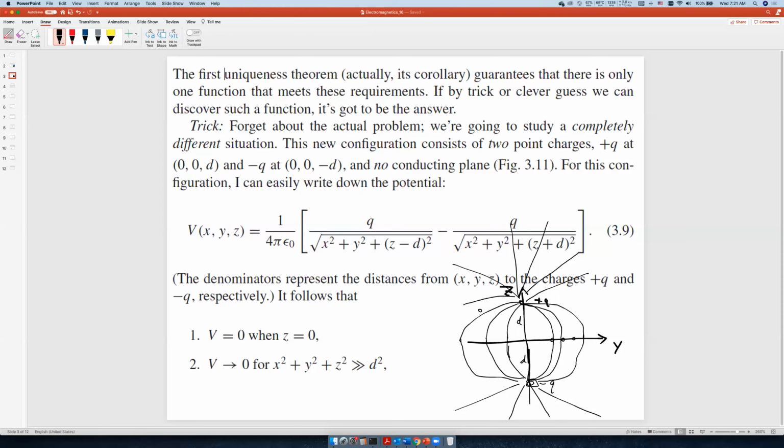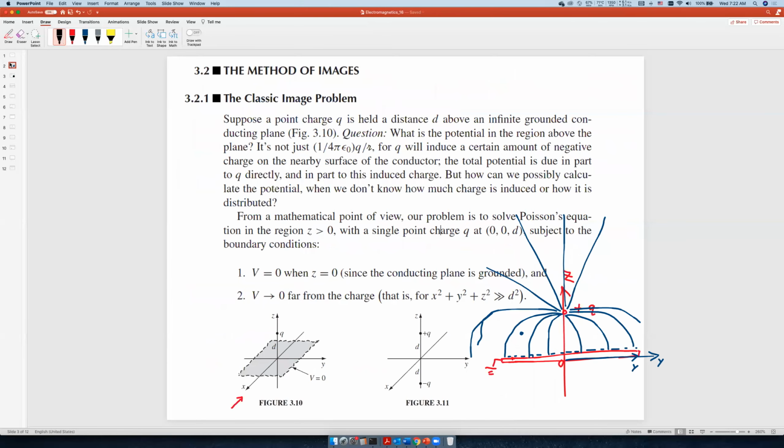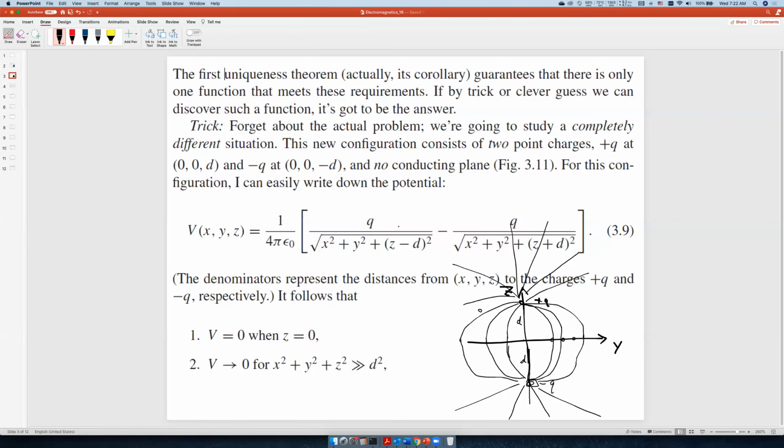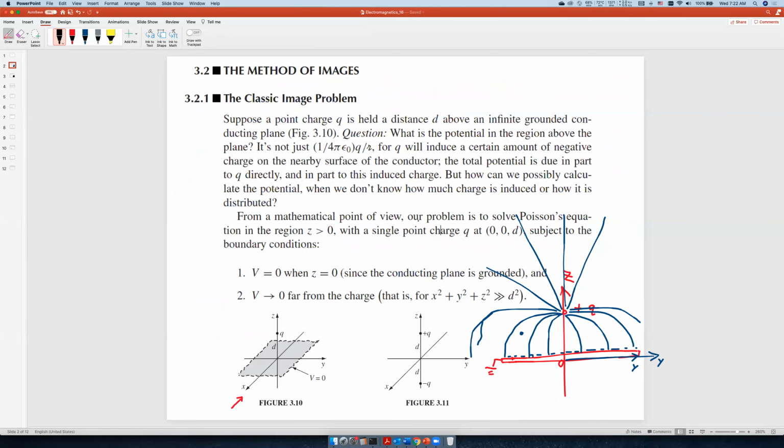So this is due to the uniqueness theorem. If you have the same boundary condition and you also have the same charge distribution in the upper plane, then you should have the same solution, no matter in this case or in that case. Or in other words, let's try to understand this situation in this way.